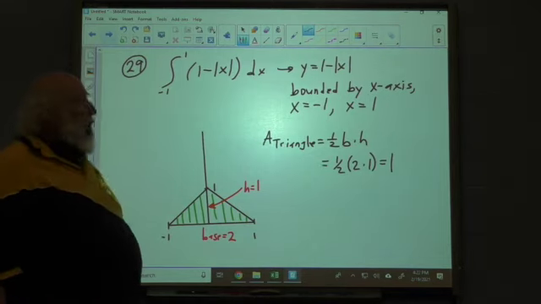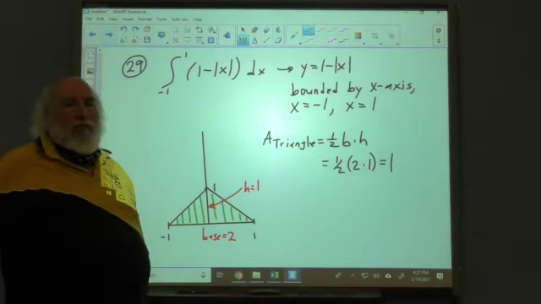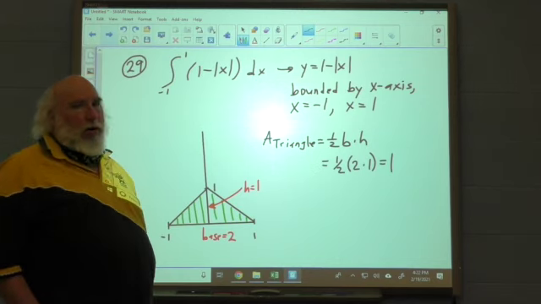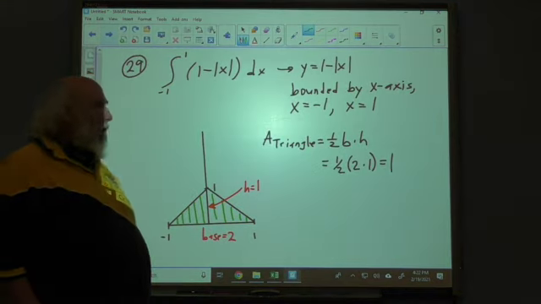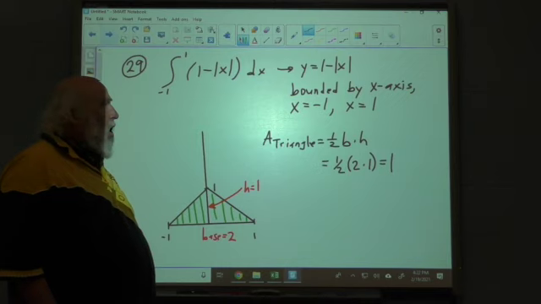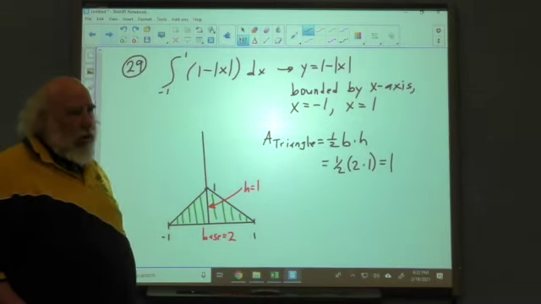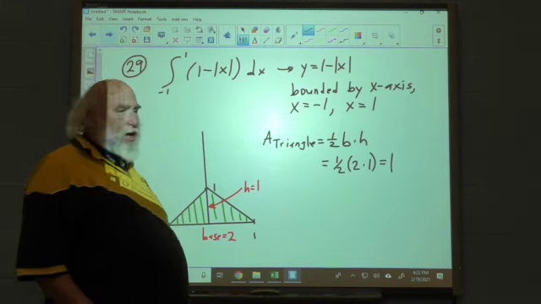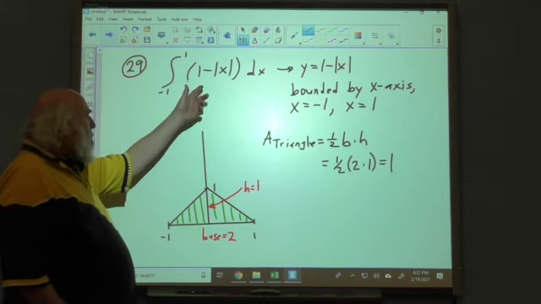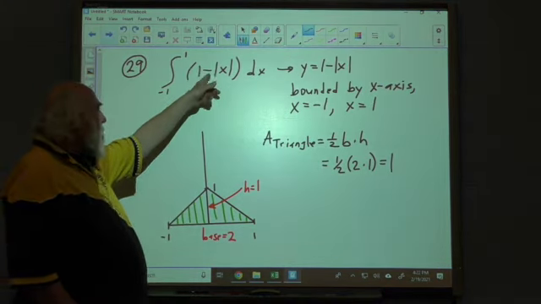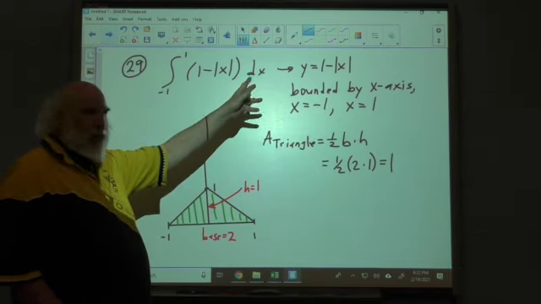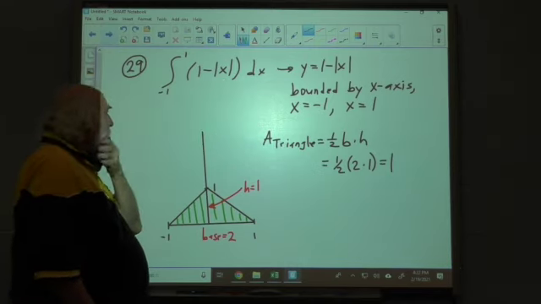Number 29 has an absolute value. Now, when you punch that into your calculator, if you do have an absolute value problem, there's an ABS key that you can hit. If you go to variables and hit ABS, you just hit 1 minus ABS-X.